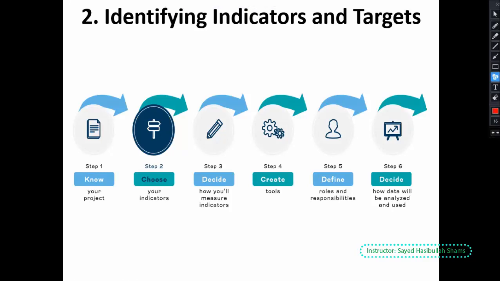We decided that we will select mixed quantitative and qualitative indicators, and we will have monitoring and evaluation indicators, and we will search for some indicators that other projects used in the previous projects in the same context. So today we will discuss how to select strong indicators for our project.